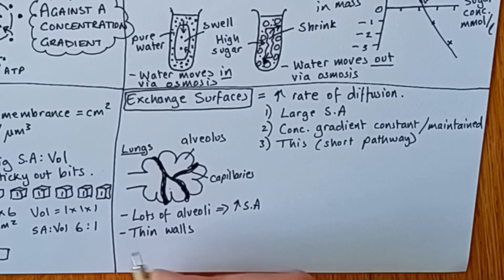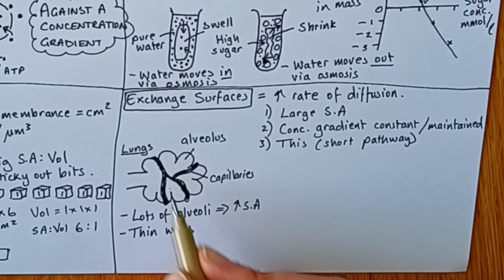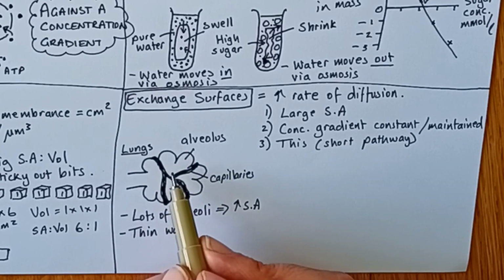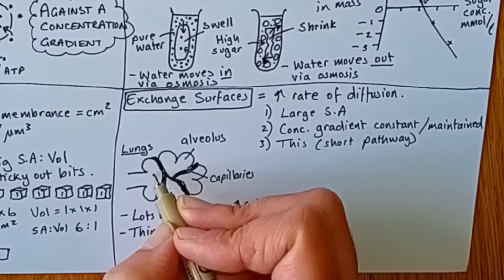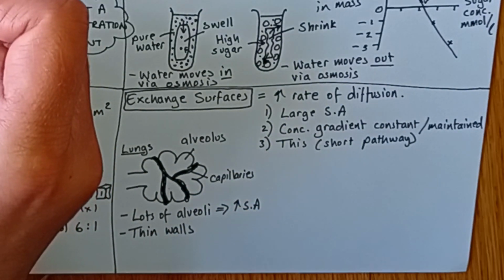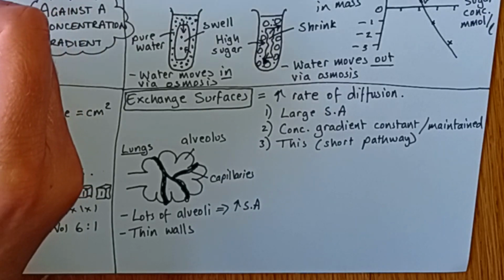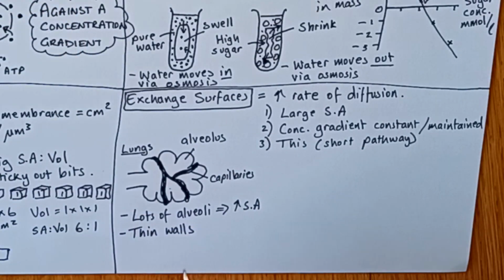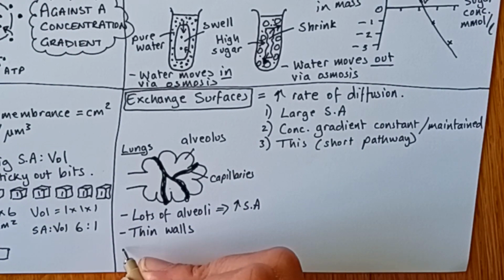And because the blood is constantly taking any oxygen away that goes into the alveoli, it never reaches equilibrium. It's not like the oxygen in the air in your alveolus ever reaches the same concentration as the oxygen in the blood.